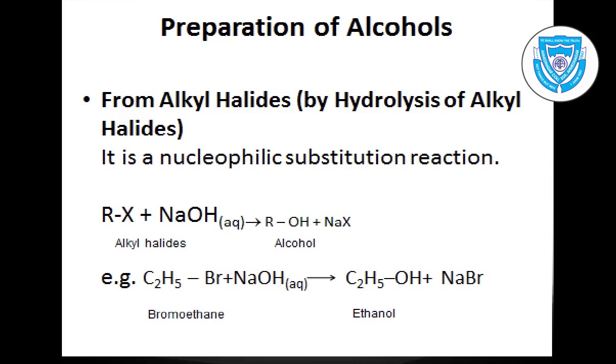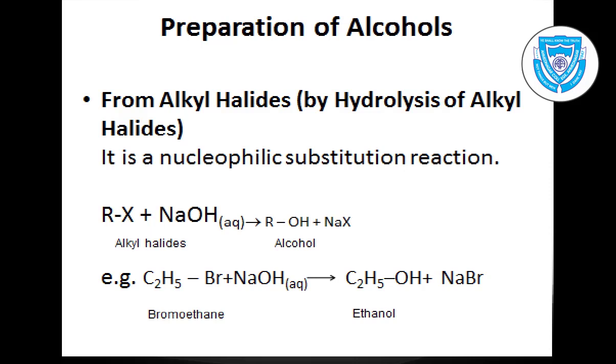For example, if I take bromoethane and treat it with sodium hydroxide, you will get ethanol. Br would be removed, OH will attach over here, so you will get ethanol, C2H5OH, and Na will go with Br, giving NaBr as the product.